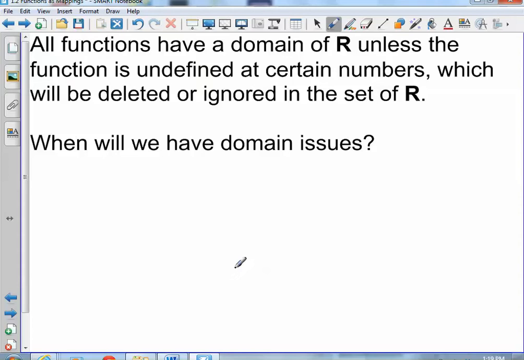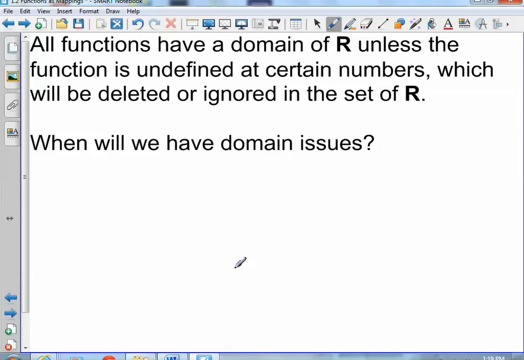Okay, if I don't tell you otherwise, we assume that all functions have a domain of all real numbers, unless I tell you different or we have some domain problems. We can't have functions that are undefined. If your function is undefined at certain numbers, we have to take them out of our domain. So what are the two cases where we're going to have domain problems?